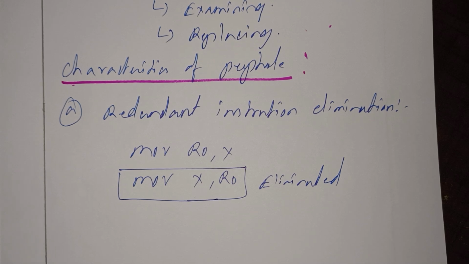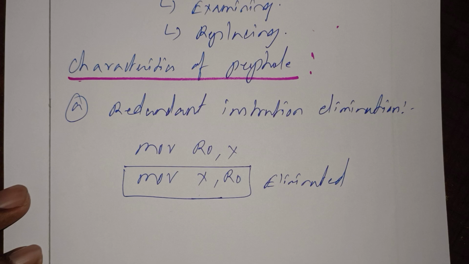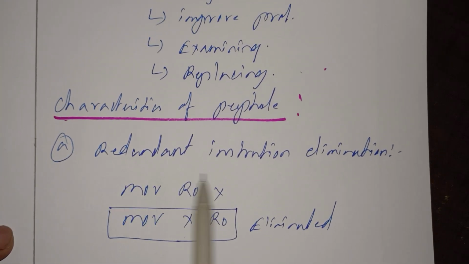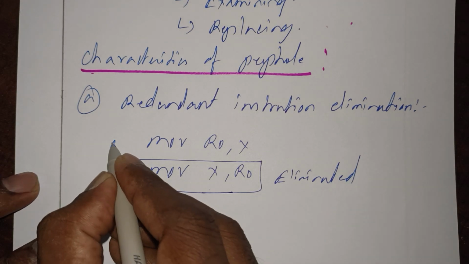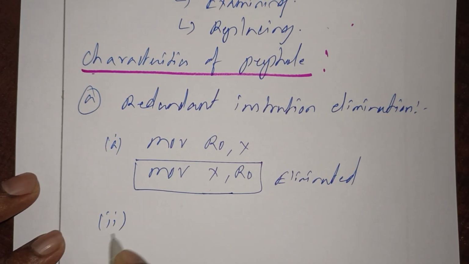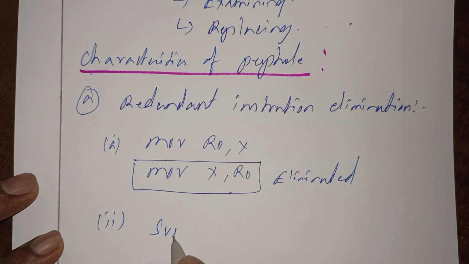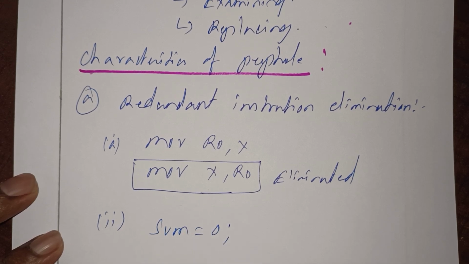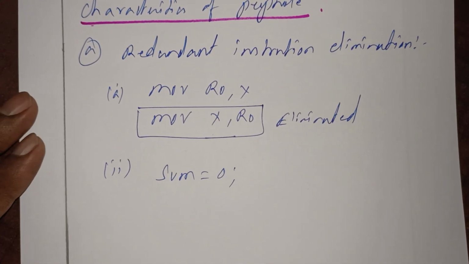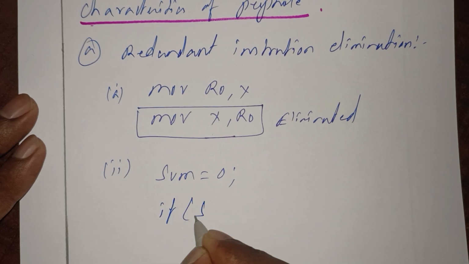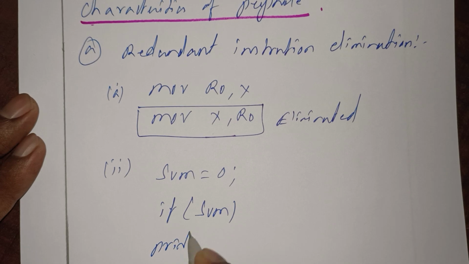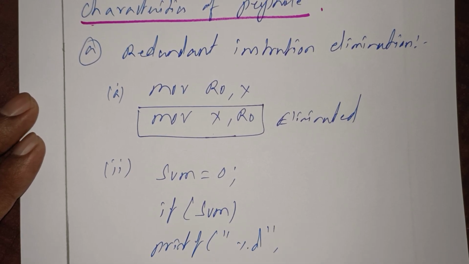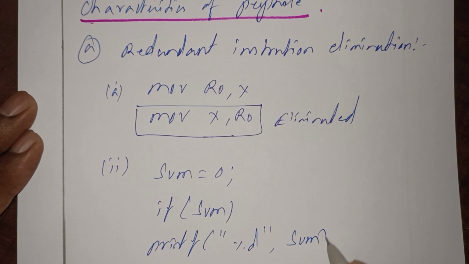One more example is unreachable code, which is also redundant instruction elimination. This is example number one, and the second example is this: sum is equal to 0. I have initialized sum to 0. Then if sum, I print a statement with the format specifier and the constant.